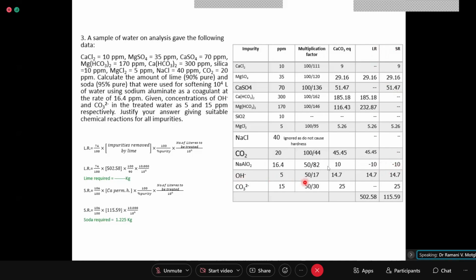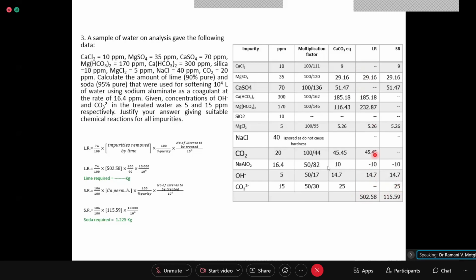Then hydroxide equivalents are considered in lime used as well as soda used, because when this is in excess, that means Ca(OH)2 was used in excess. So if Ca(OH)2 is used in excess, this Ca is removed by sodium carbonate. Okay, so sodium carbonate also will be required here or used here. Then if only carbonate is there, then it is not considered in lime used, it is considered only in soda used in excess.